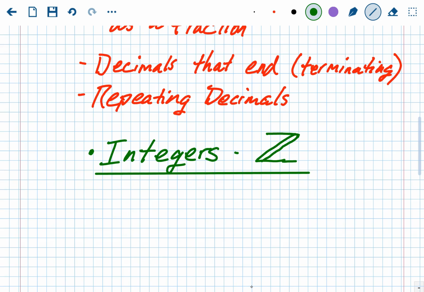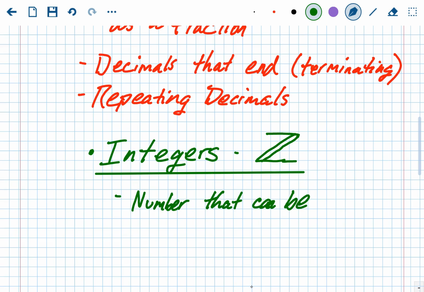An integer is a number that can be written without a decimal or a fraction part. Above it we had rational numbers, which are all numbers that can be written as a fraction. Integers kind of takes that away. It's any number that can be written without a fraction or without a decimal. So 5 again. 5 can be written as a fraction, but it could also be written not as a fraction.